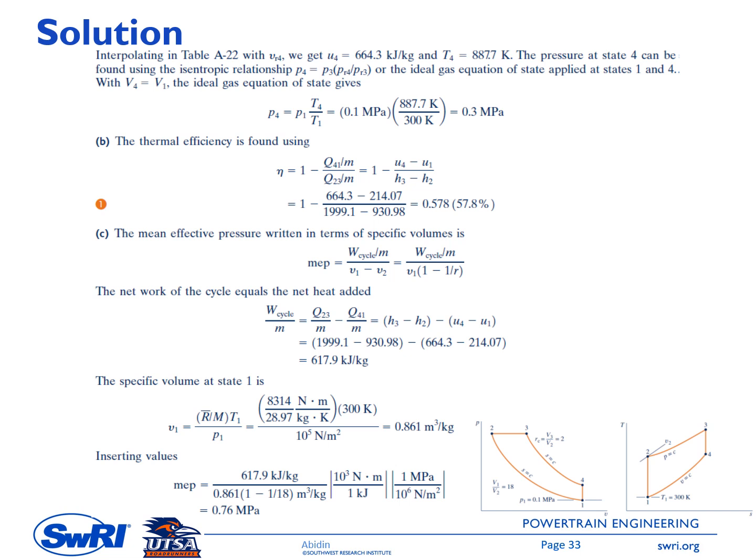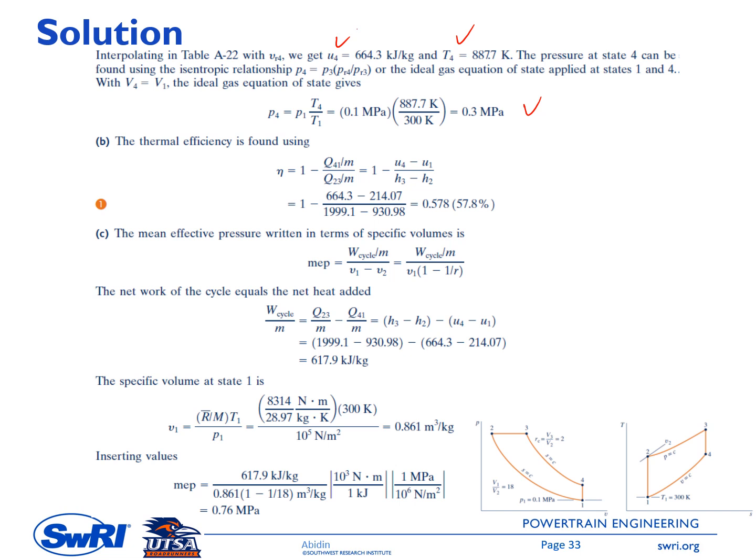Then you go back again to table A22, sorry, to get U4 and then T4. And then to get P4, you need to use the ideal gas correlation here. So P4 is 0.3 megapascal. Second question is the thermal efficiency.